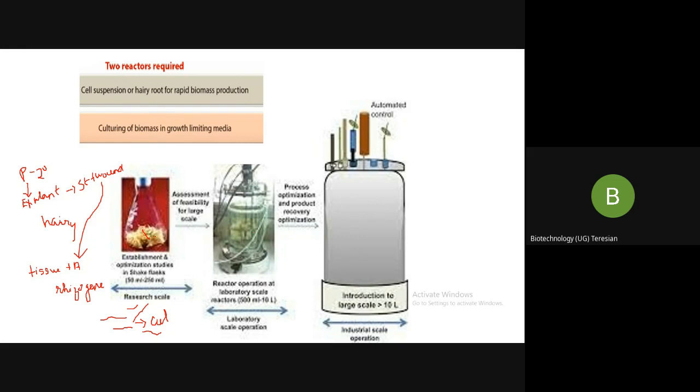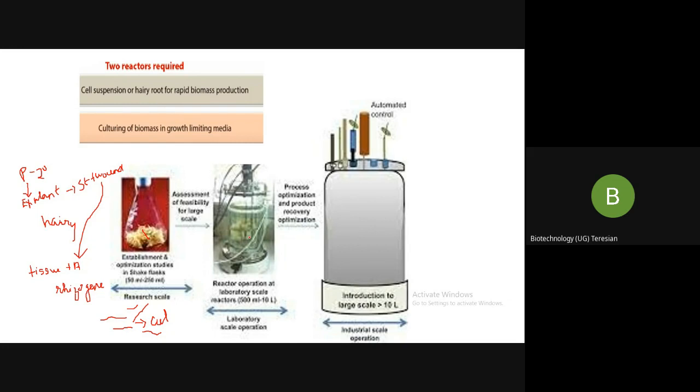Once I produce my root culture, I make sure that I produce more root culture by changing the media so that I'll get more adventitious roots. After I got the adventitious roots, I put them into the bioreactor, which is an automatically controlled system. Here I make sure that more biomass is produced, and simultaneously I'll change the media so that it can produce your secondary metabolites. So biomass and secondary metabolites are now produced in the bioreactor.